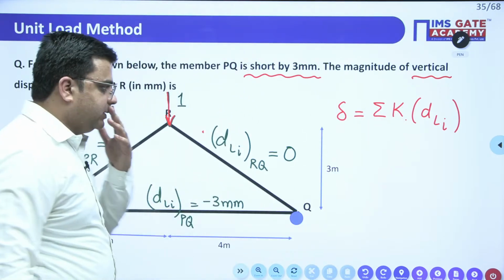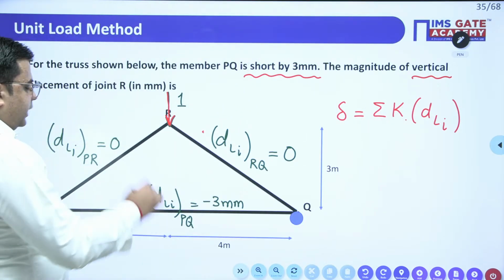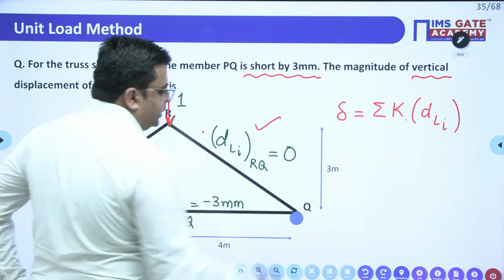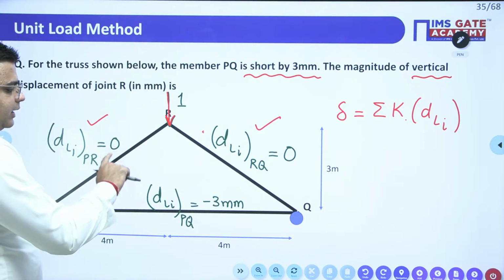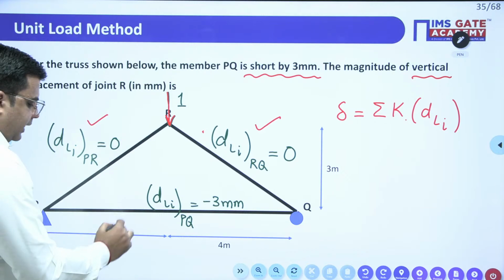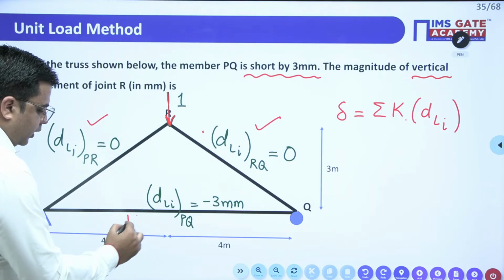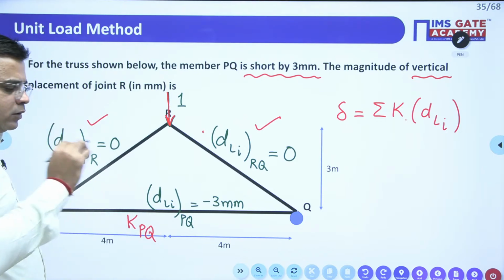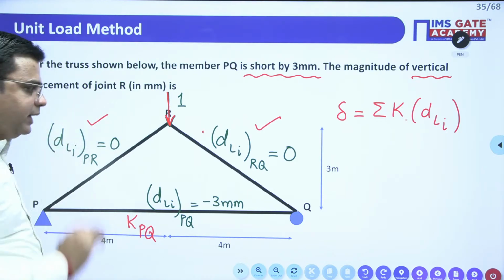Is this clear? As DLI for PR is 0 and DLI for RQ is 0, there is no point in calculating the K values for these two members. We only want the K value for member PQ. This can be calculated very easily.